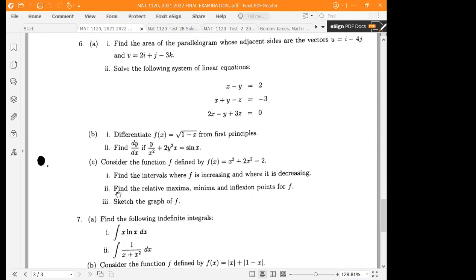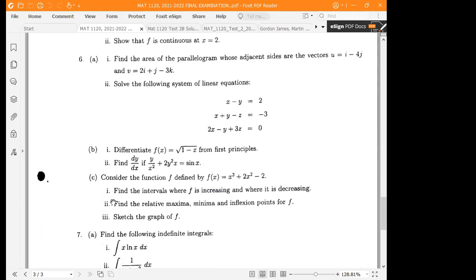So the next question is 6 part C. Consider a function f defined by f of x is equal to this, and find the intervals where f is increasing and where it is decreasing. Then find the relative maximum, minimum, and inflection points for f. Sketch the graph of f.